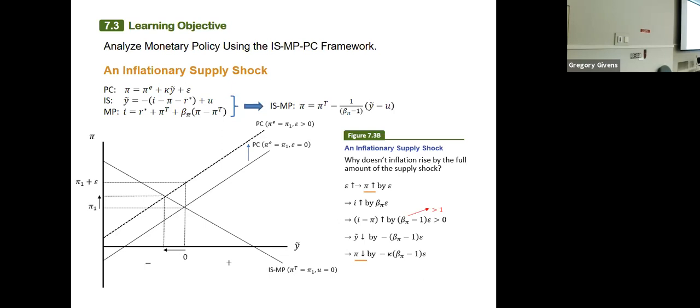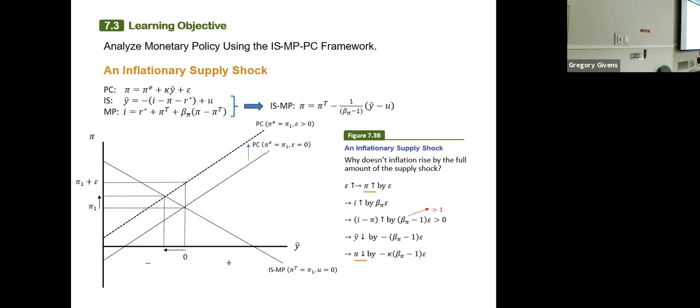And so what have we demonstrated here? The inflationary shock causes inflation to rise, but because the Fed responds to that by raising the nominal interest rate enough to raise the real interest rate, that causes the output gap to go down some and therefore causes inflation to go down in the Phillips curve. There is this stabilizing response of the central bank baked into the equations of the model, okay?